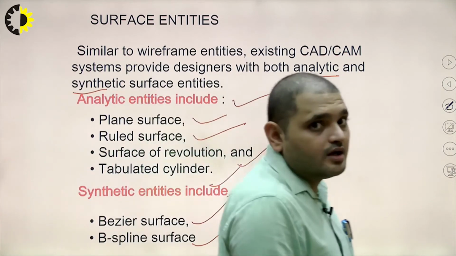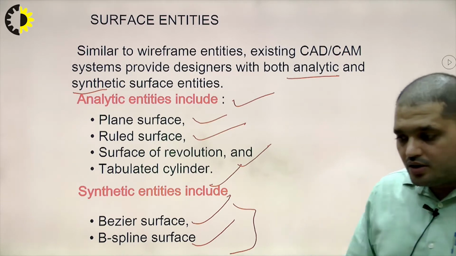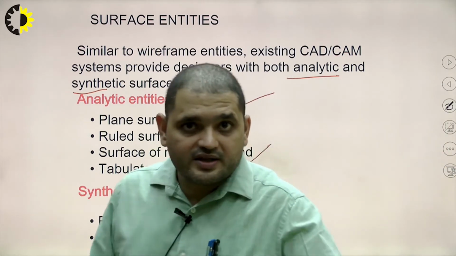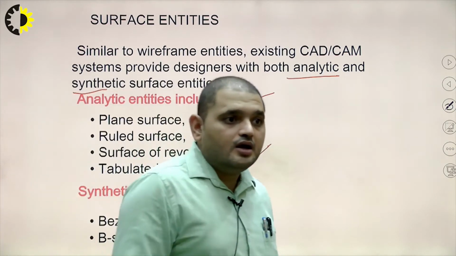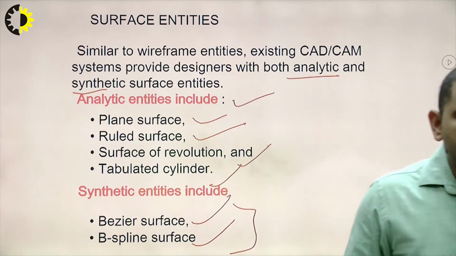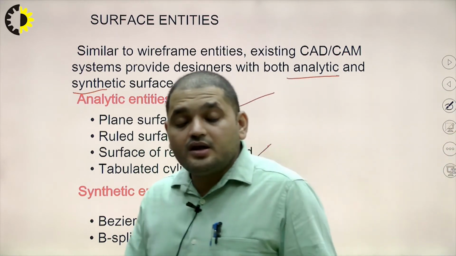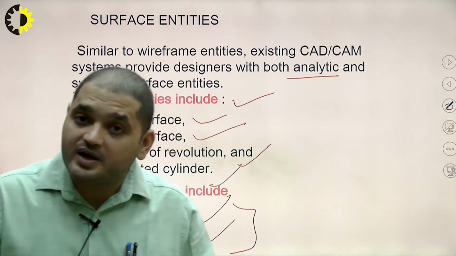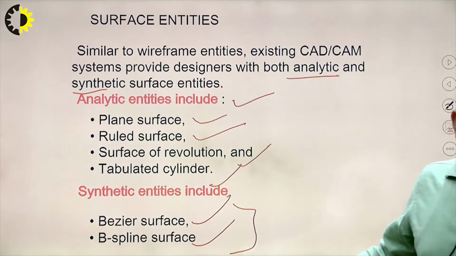Like in the aviation industry or in the automobile industry, the outer body surface of an automobile or an aeroplane is not just a normal surface. It has an aerodynamic profile. Then how is this aerodynamic profile made? Basically it is made using these surfaces.